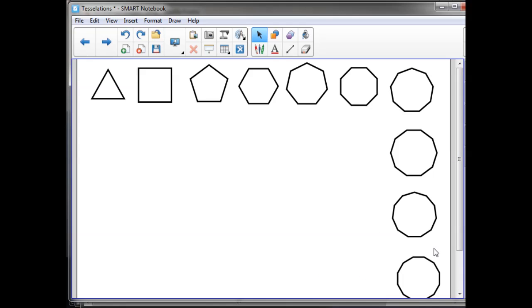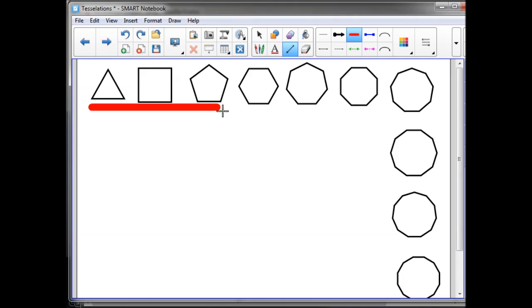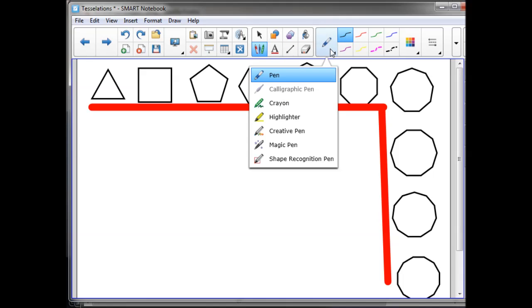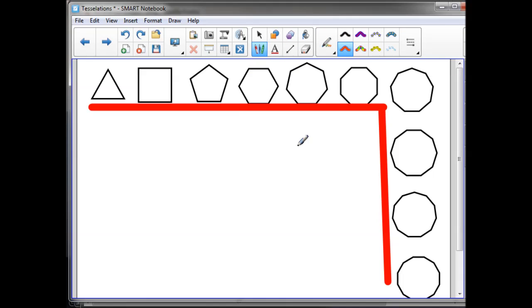So again, when we think about all of these regular polygons, and we did so many, look at it. Regular triangle, regular quadrilateral, regular pentagon, regular hexagon, heptagon, octagon, nonagon. So many beautiful regular polygons. But which ones are going to tessellate completely by themselves?